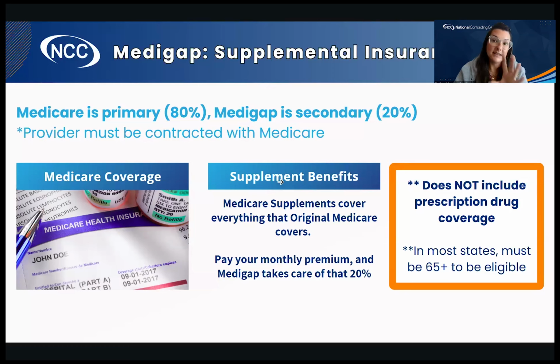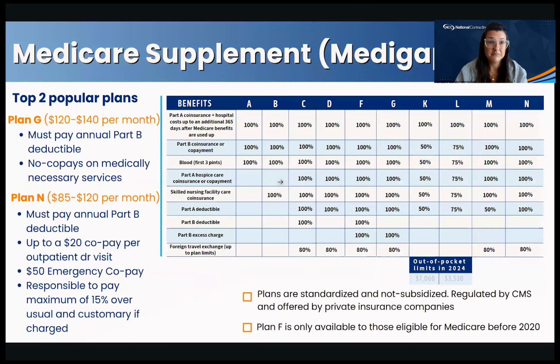When you start looking into that quoting process, you'll realize that there are some states whose state law requires that they offer med sup options to people under 65. However, when you take a look at those rates, they are way up there, usually over $400 a month. So it doesn't really pay for someone to get a med sup under 65.